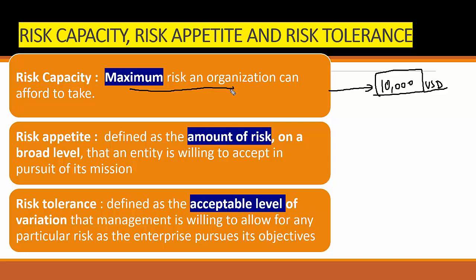Every individual has a particular risk capacity, and this is defined as the objective amount of loss a person can accept without their continued existence being called into question. And if you take an example from an enterprise point of view, every enterprise has a particular risk capacity, and this is defined as the objective amount of loss the enterprise can accept without its continued existence being called into question. So this is something which is set by the owner or the board of directors.